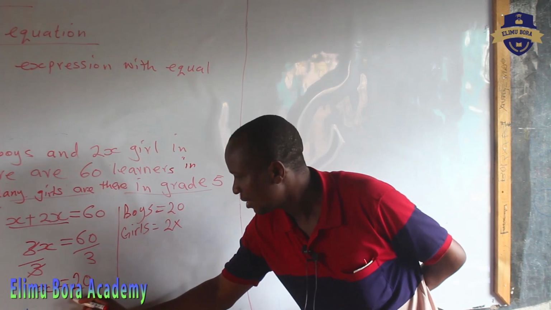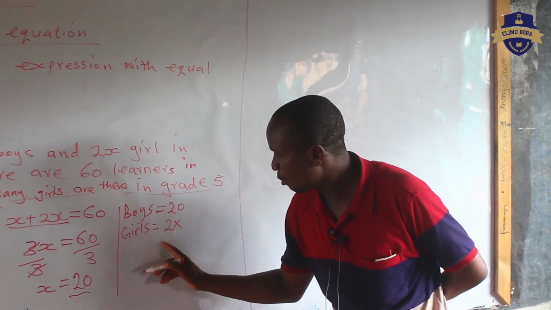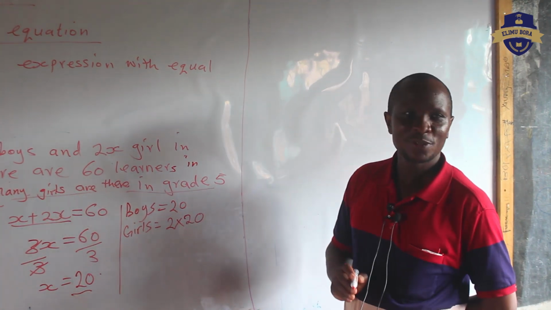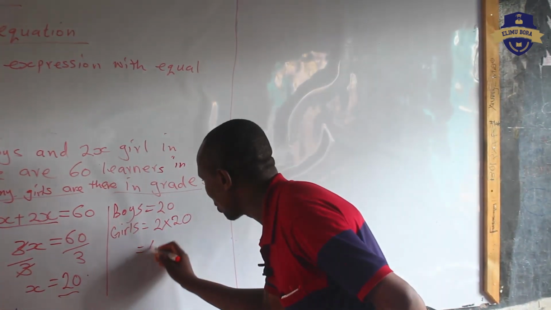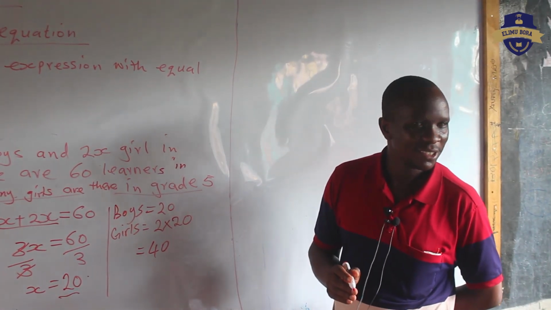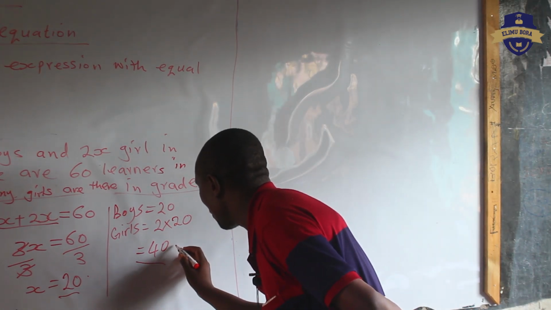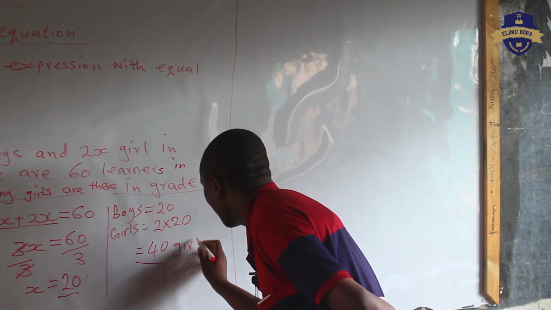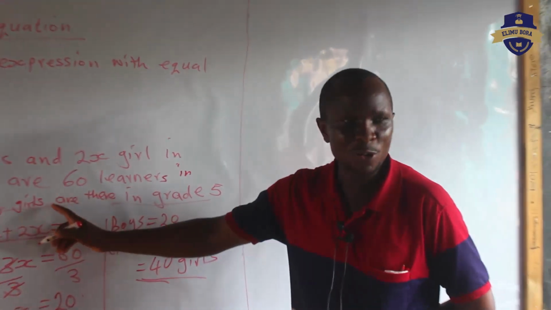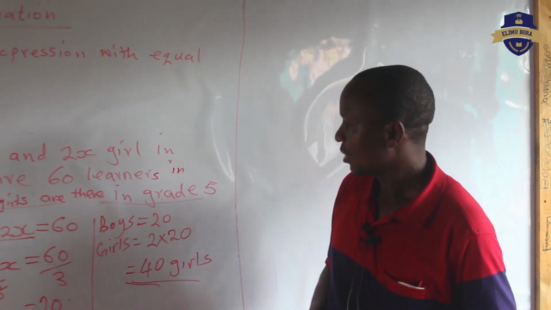So you take 2 multiplied by 20. What do you get? 40. So how many girls are there? We have 40 girls and 20 boys. Here they were asking for girls, they did not ask for boys.